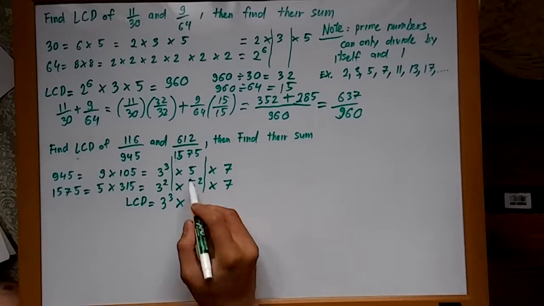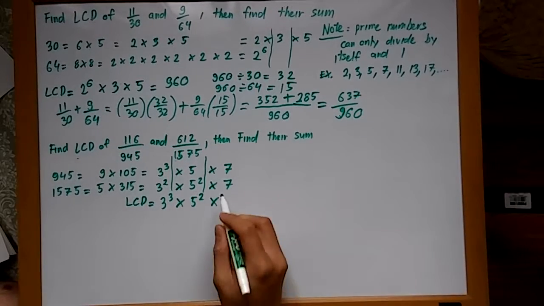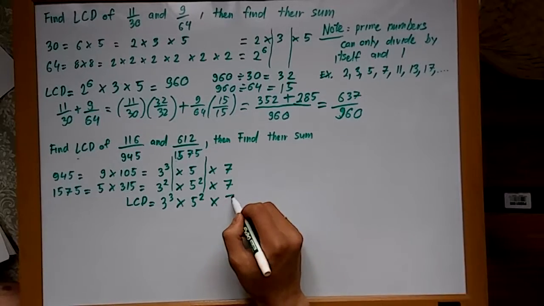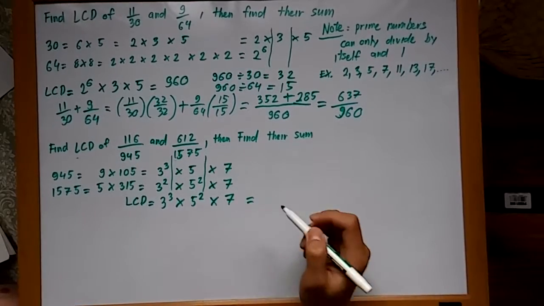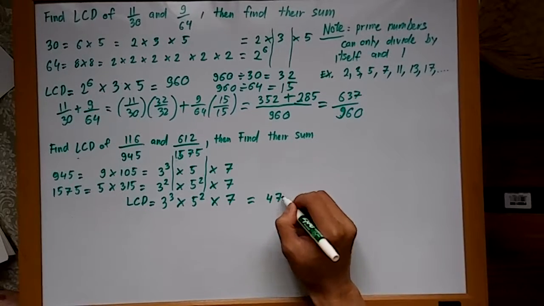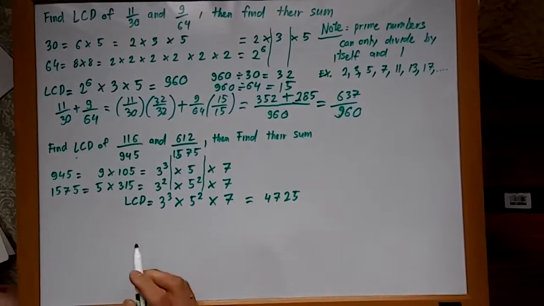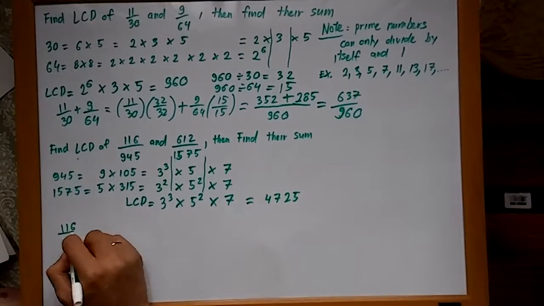Between these two, we take 5 squared, and between these two they're the same, so we just take it. And this LCD is equal to 4,725.